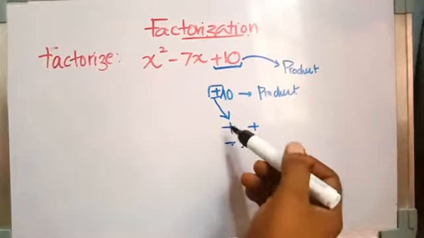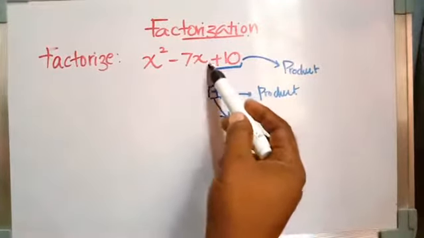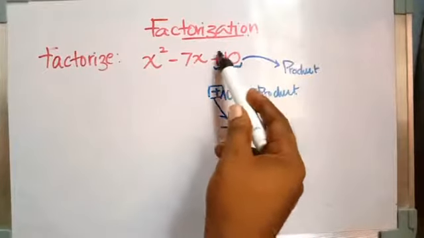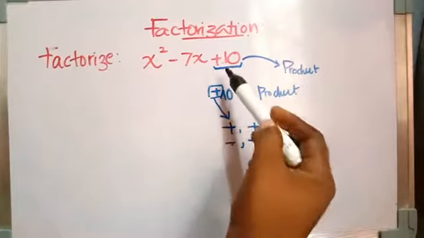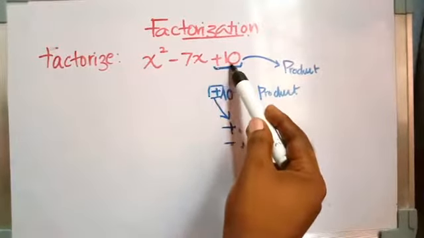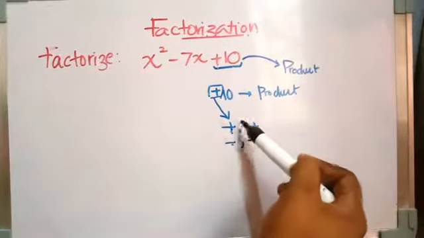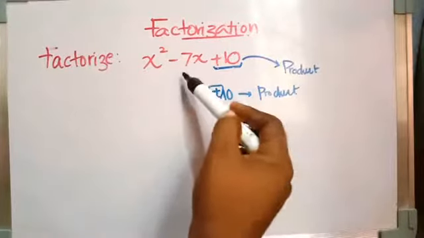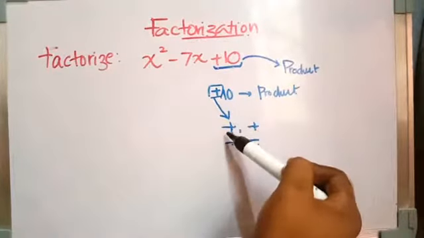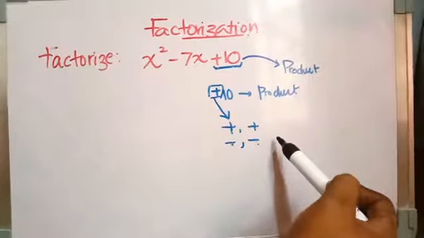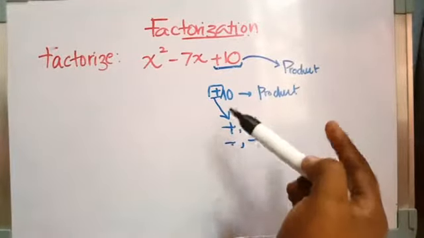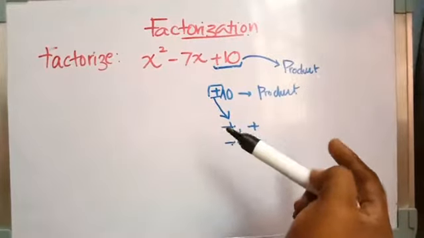Okay, that means in this case, based on the last term, we have to decide the sign. So as the last term is positive 10, you can understand both the splitting numbers have the same sign. That means both are plus or both are minus. Okay, so this is the first thing we have to understand.